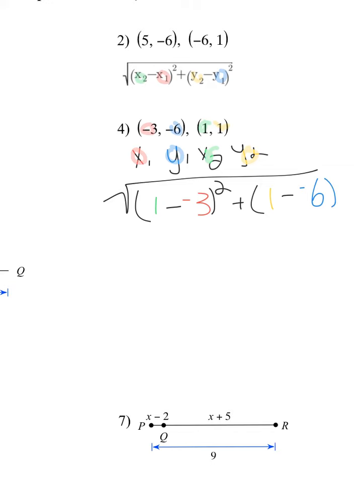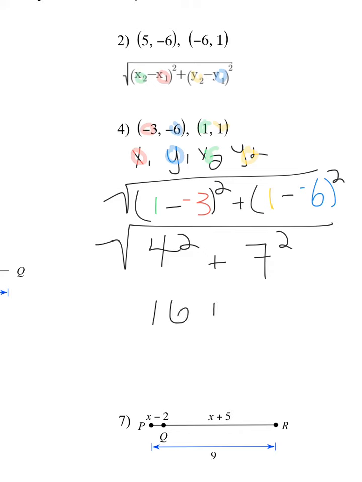I'm going to square all of that. And 1 minus negative 3 is going to end up becoming 4 squared, plus 1 minus negative 6 is going to become 7 squared. 4 squared is 16. 7 squared is 49. I'm going to add those two values together.